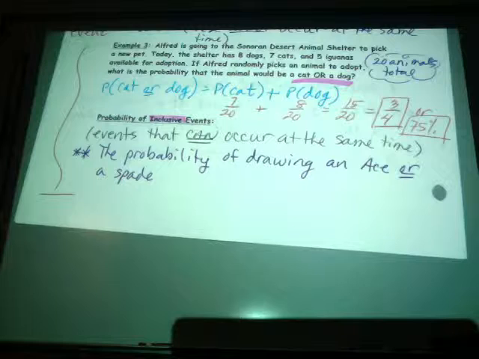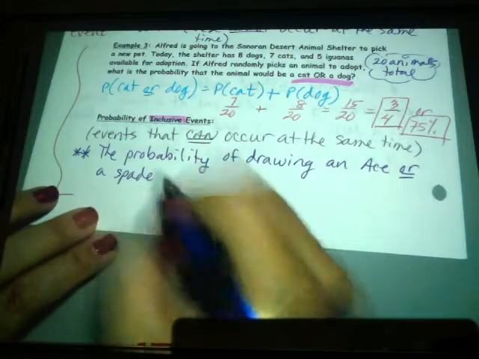Can an ace also be a spade? Yes. How many ace of spades are there? One. So I want the probability of drawing an ace or a spade, but what I'm implying here is that I don't want it to be both an ace and a spade. It's one or the other from a deck of cards.